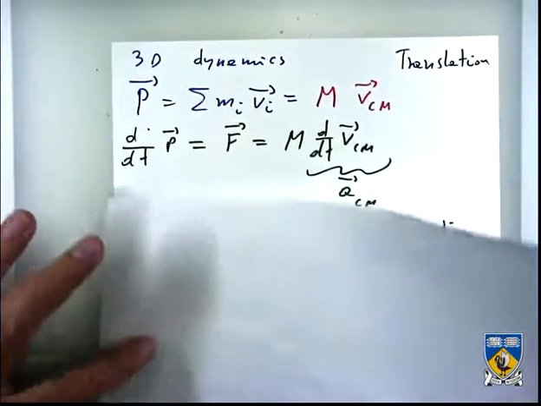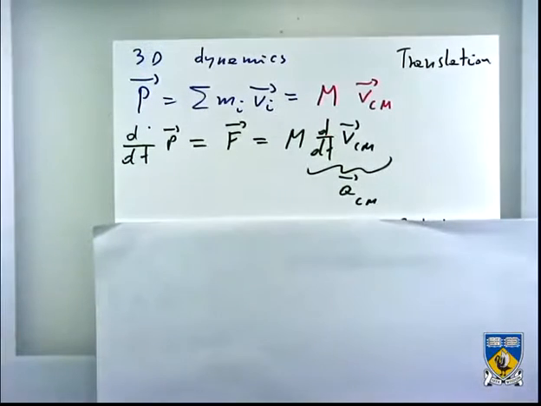Then the dynamics equation for translation is that the derivative of momentum is the sum of external forces, and mass is constant in classical physics, right? Not dependent on velocity. And this is a mechanisms unit, so we are not considering rockets and other jet engines, which may produce systems with variable mass.